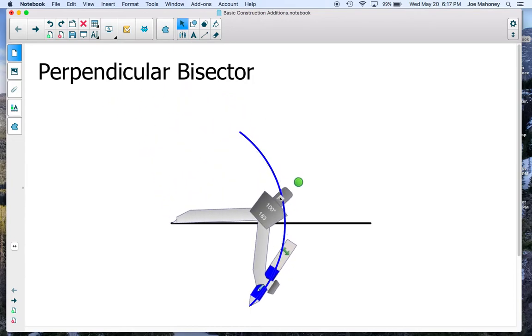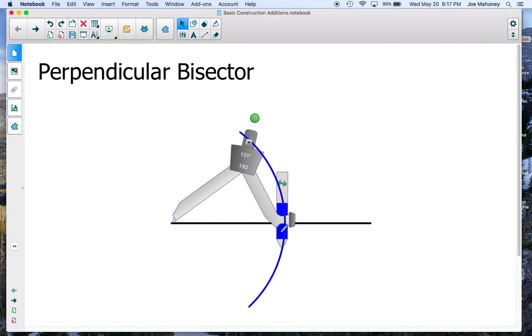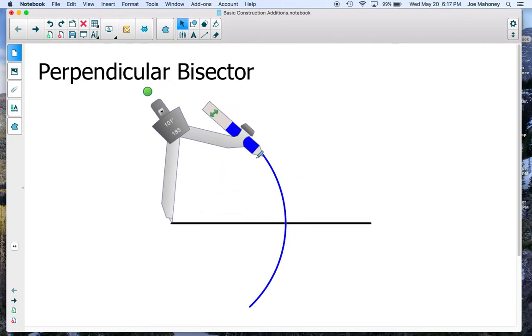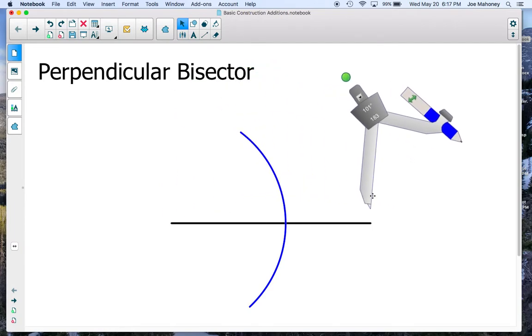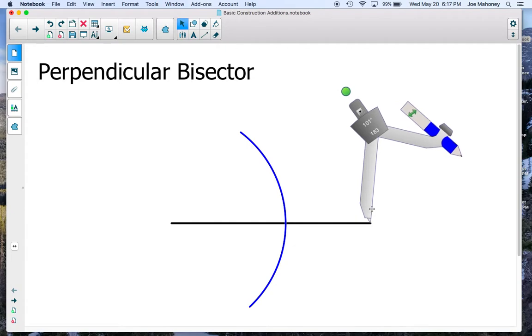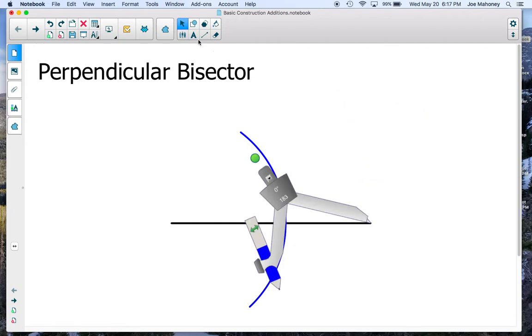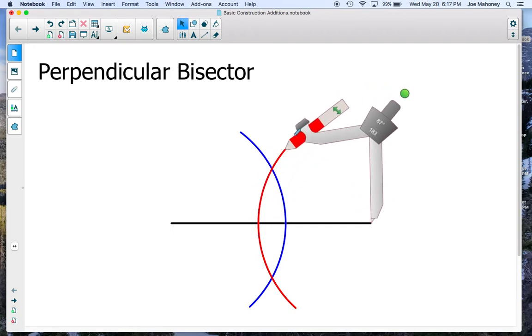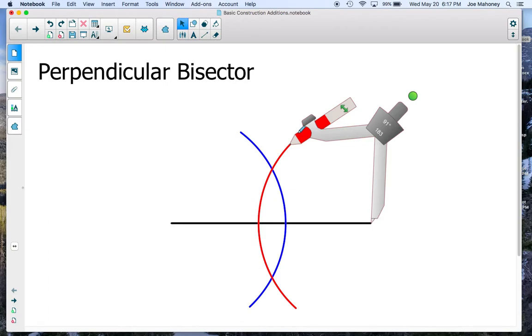And the thing to remember is that this arc represents a set of points that are all the same distance from this endpoint. And if I go over onto this side, and let's flip this compass around, and let's even change the color on it too, make it red, this red arc represents all the points that are the same distance from this right side endpoint.